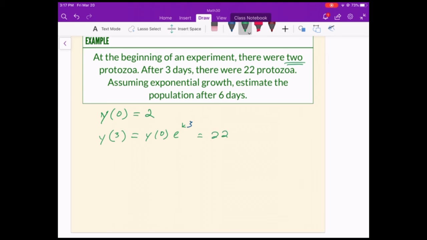And we know that that is 22. So that lets us figure out what k is, because we know y of 0 we just said was 2. So let me rewrite this here. We have that 2e to the 3k equals 22. Now I might divide on both sides and say now e to the 3k equals 11.